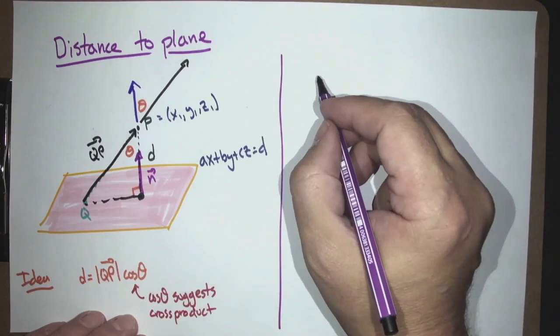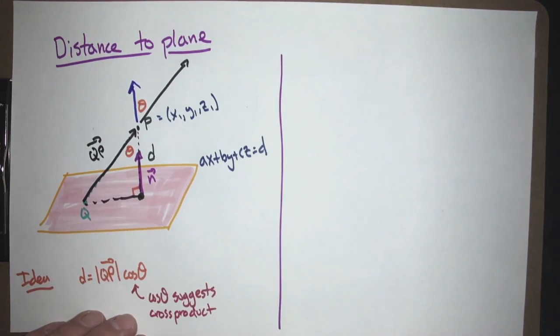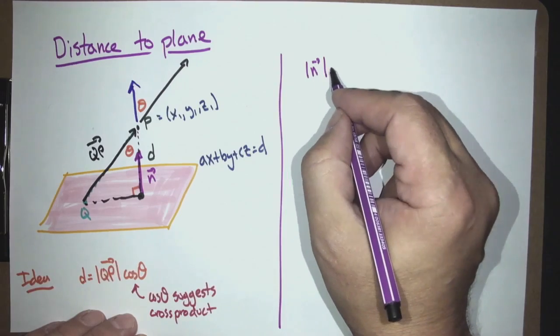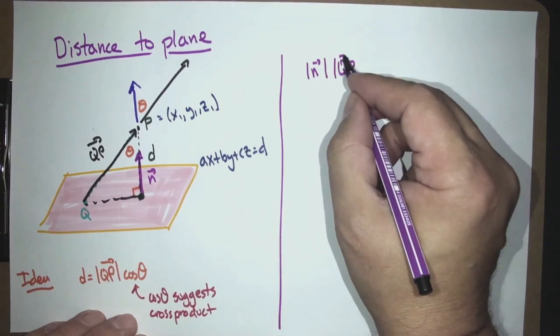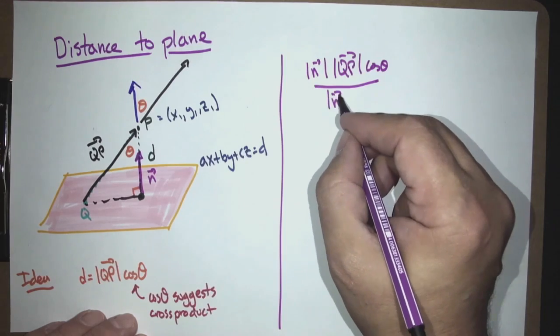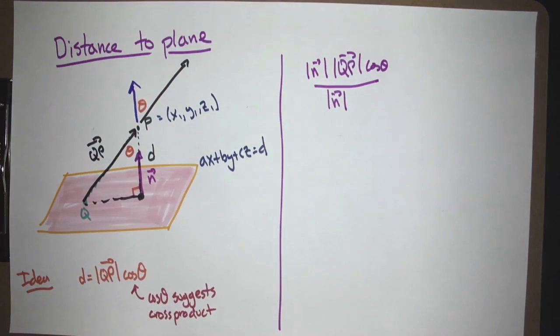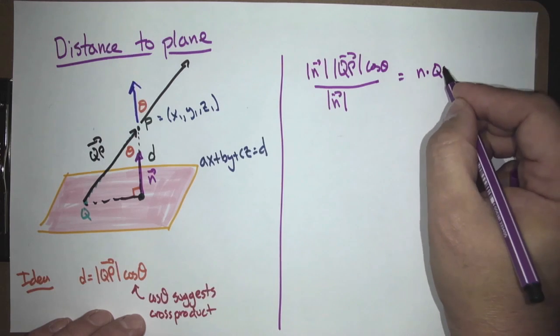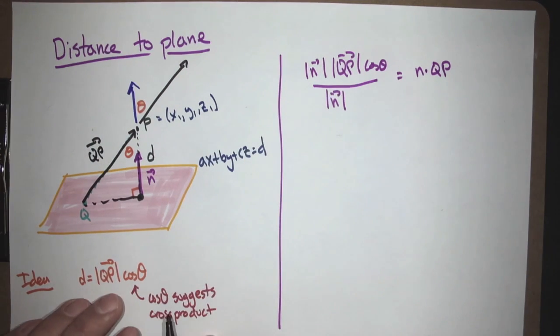So imagine if we took the magnitude of the normal vector times QP cosine theta over the magnitude of the normal vector. Well, that's n dot QP. Now, I should say this is technically not right, so I'm going to fix that. Does anybody know what the issue is with saying magnitude of QP cosine theta?